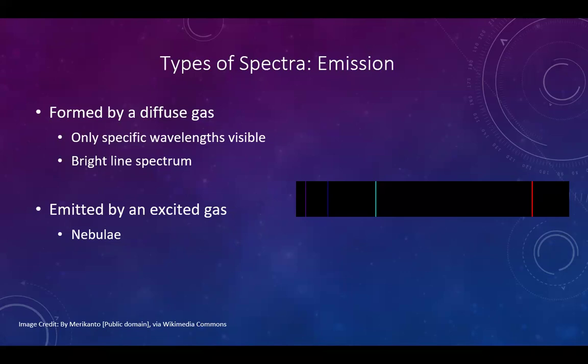So for neon, it'll always be at a number of different wavelengths depending on how it falls back down, because it could fall back down in one step or it could take a few steps. And the wavelength corresponds to how far it falls down, basically. So if you excite neon and it falls back down, it emits a bunch of light in the red, which is why neon lights that use neon are red.